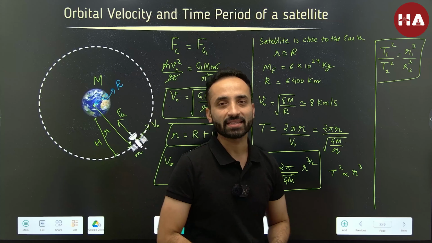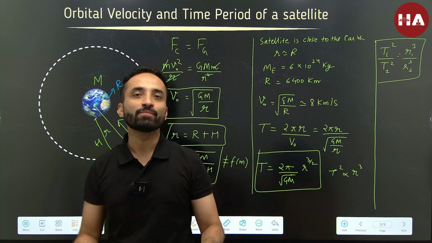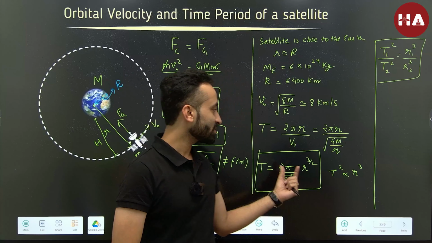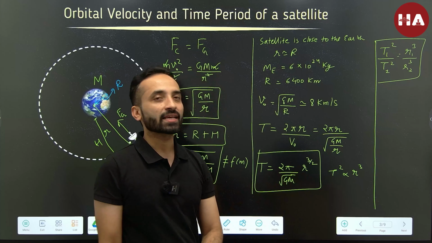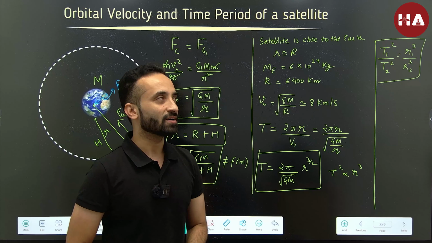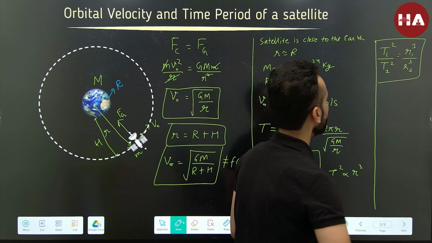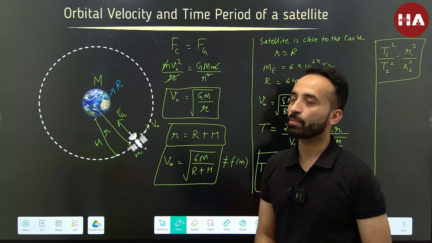How fascinating that is, that it's making our job easy. Otherwise, how could we think of measuring the mass of the Sun? But with this formula, take the time period as 365 days, take the distance between the Sun and the Earth, and this will straight away give you approximately the mass of the Sun. So that's about time period and the orbital speeds.